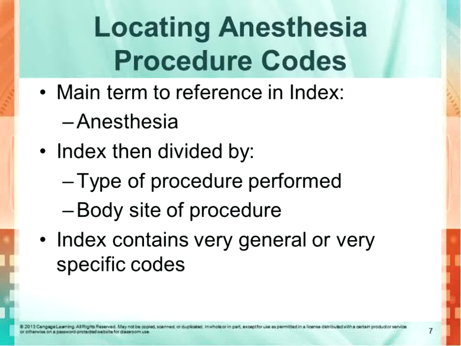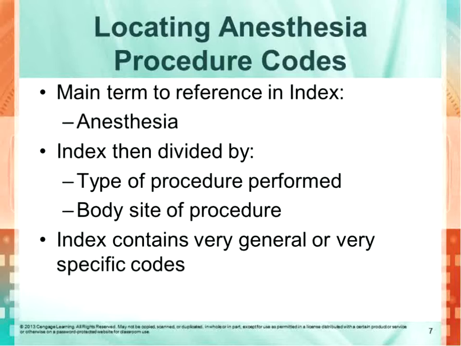All right, so how do we look up your anesthesia code? Basically, you're going to go into your index and look up your main term, which will be anesthesia. And then from there, you're going to look up the type of procedure and then the anatomical area of the procedure. For example, your book gives an example of the Abbe-Estlander procedure.